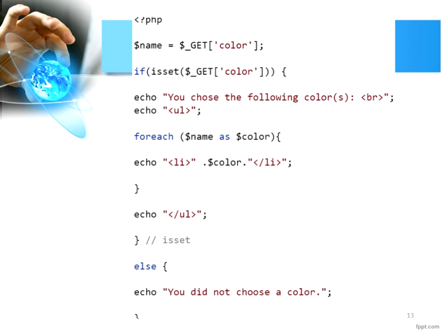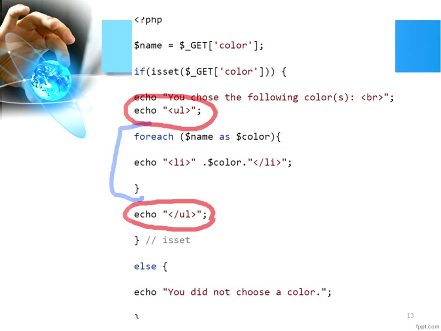Before this loop, I will make two instructions: echo UL before the loop and echo /UL after the loop. Is it clear? Because UL and /UL are displayed one time.